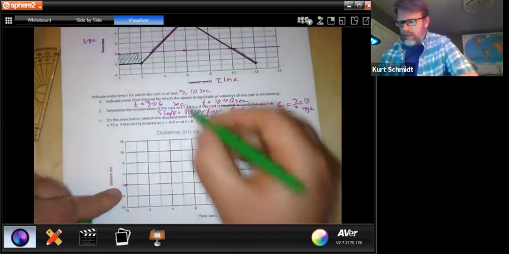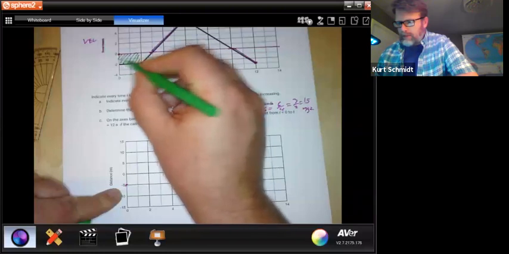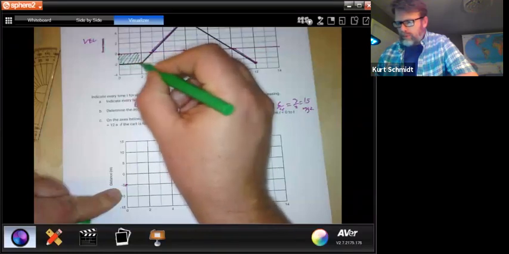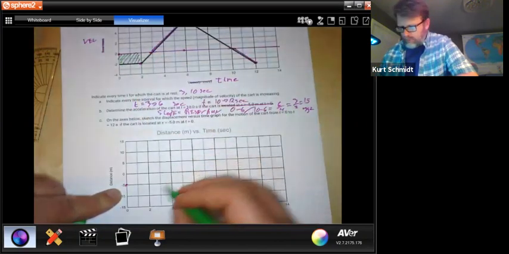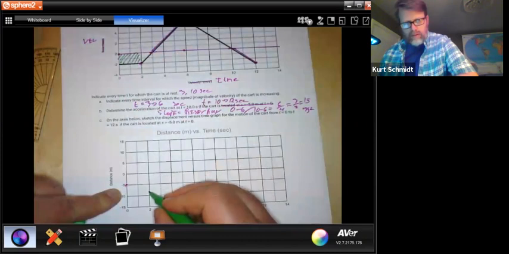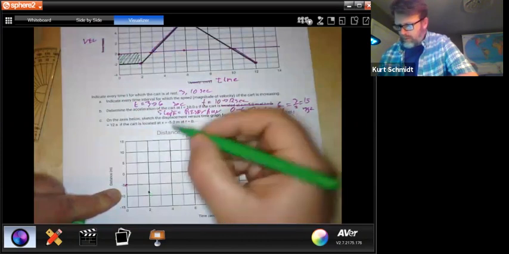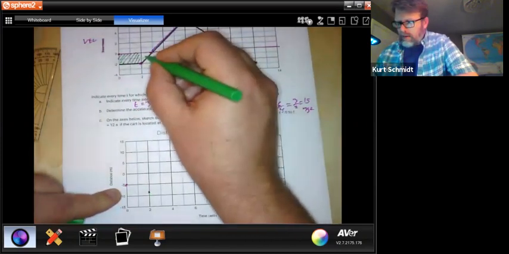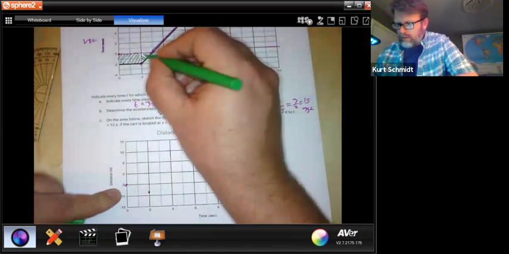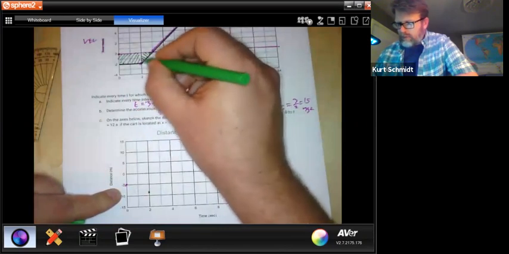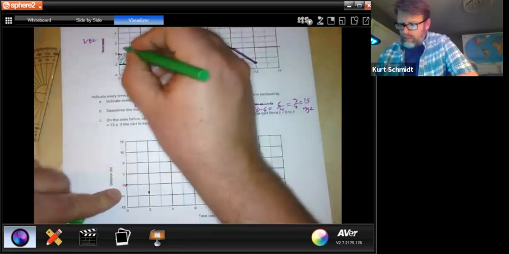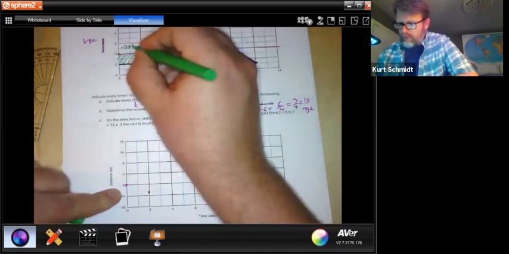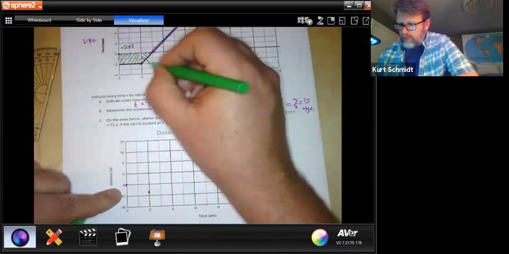What we see is that this area, a 2 by 2 box, means it goes down another 4. So by here we've gone down another 4. Then this area is a 2 by 1 triangle.